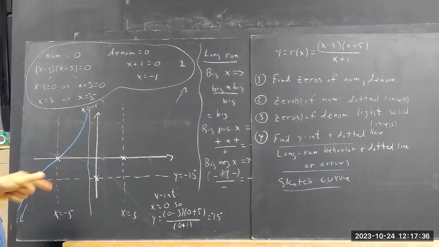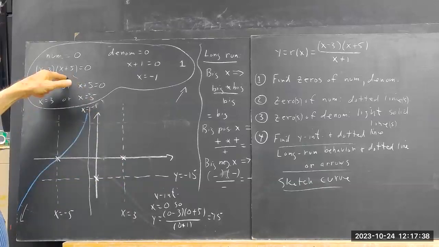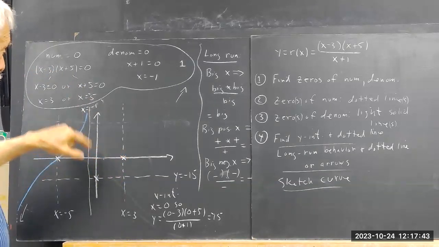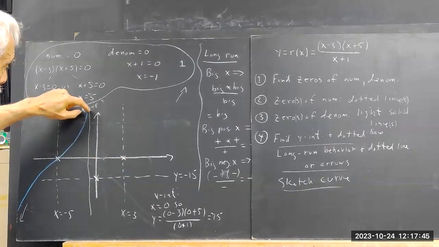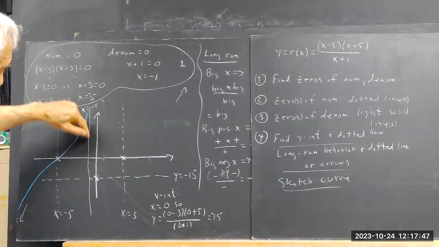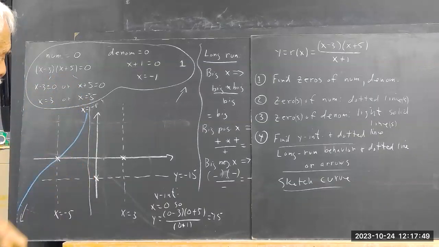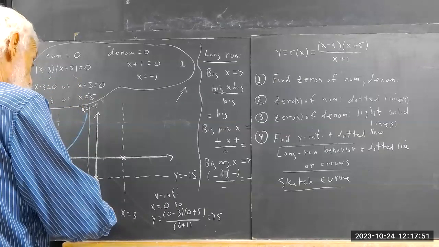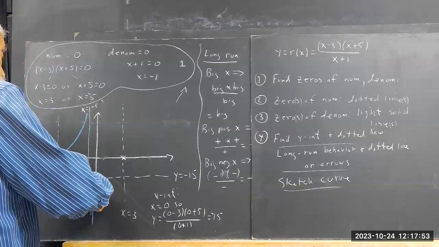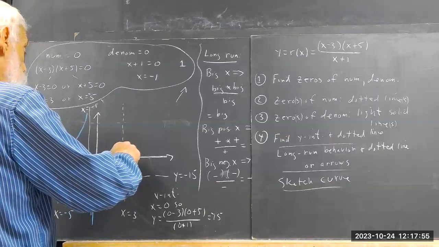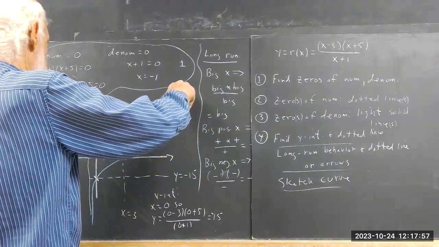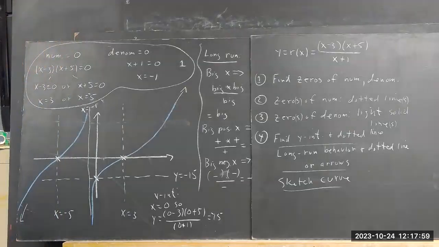And the only places I can go through the x-axis are where the numerator is 0. Okay, and that's here or here. I can't go through the x-axis between here and here. So I can't start up here and go down to this point. I've got to start down here and come up to this point. So I do that. And I come through here and then I go on up.